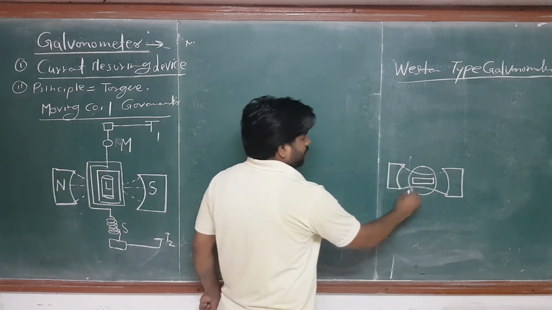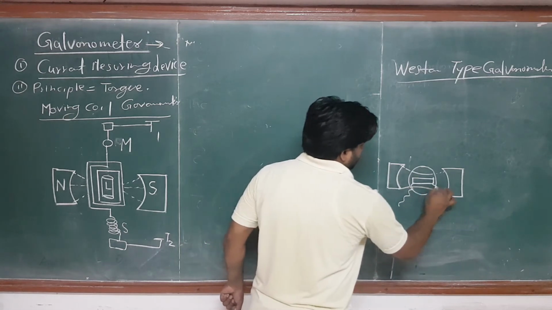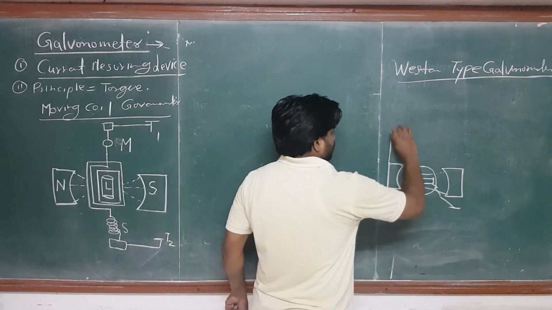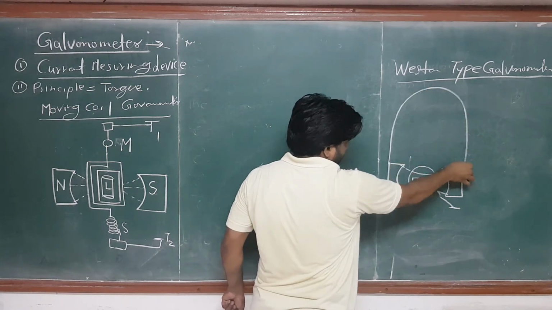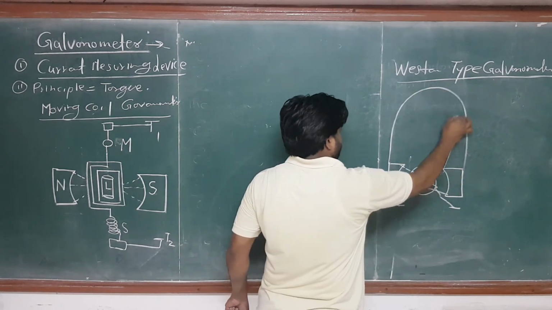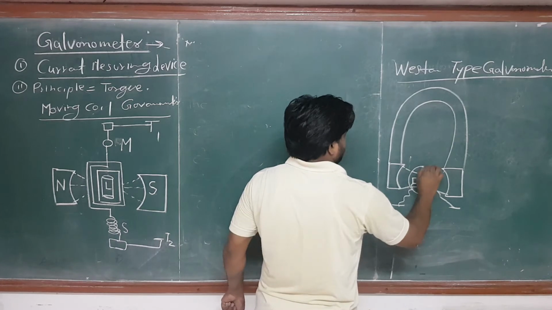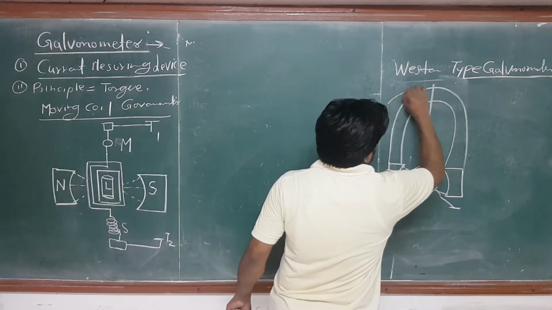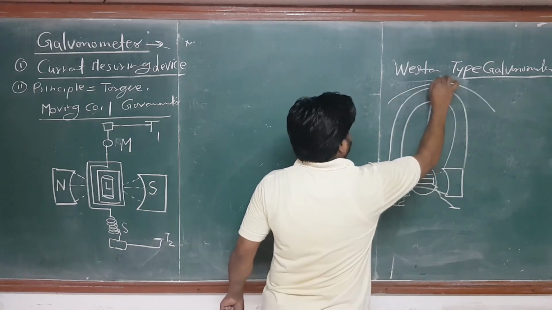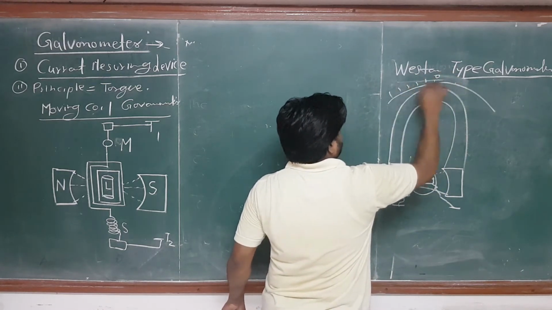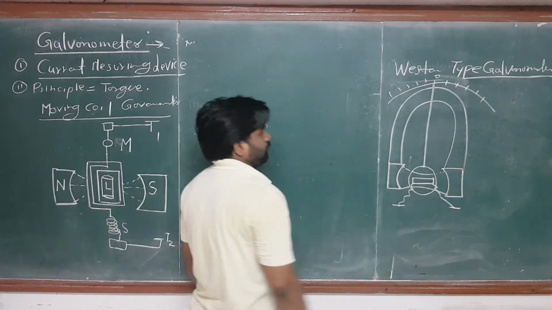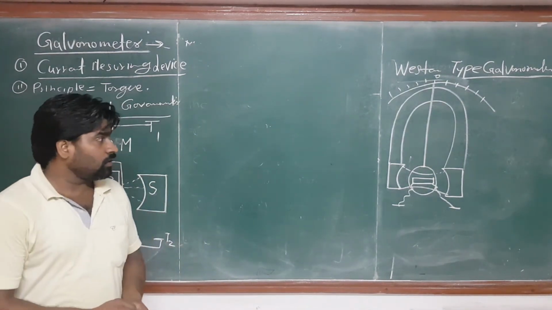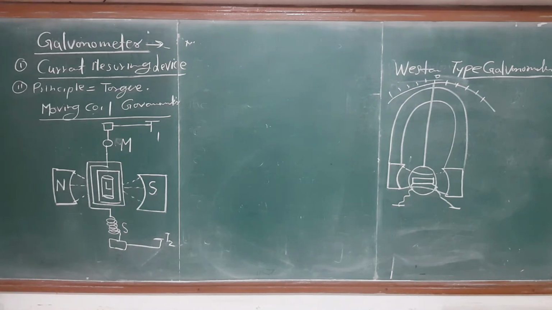So it begins to rotate. It has two wires, so we can connect it with the terminals. Okay, ये पूरा horseshoe magnet हो जाएगा. And there is one pointer, और यहाँ पर we can draw a scale. This is 0 and this is 1, 2. Generally we are using this type of galvanometer, right? So draw the diagrams.